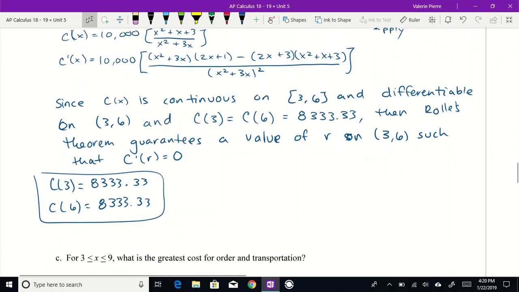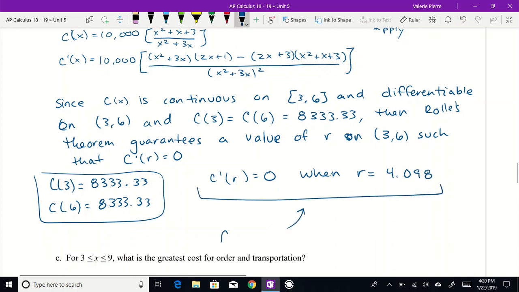Okay, so if I graph this derivative function and find its zeros, we'll see that C prime of R is equal to 0 when R is equal to 4.098. So that's from our graphing calculator.